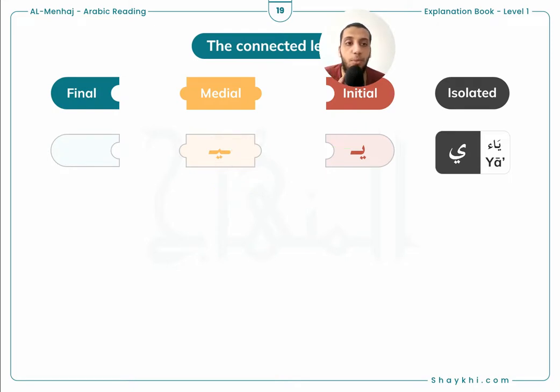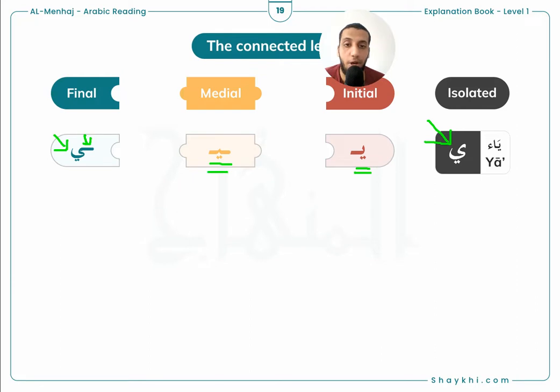And what about the final form of the letter ya? This is the final form of the letter ya. The final form is super easy. Why? Because it looks like the isolated form but just with this line before. But what might be confusing are the initial and the middle forms. Why?